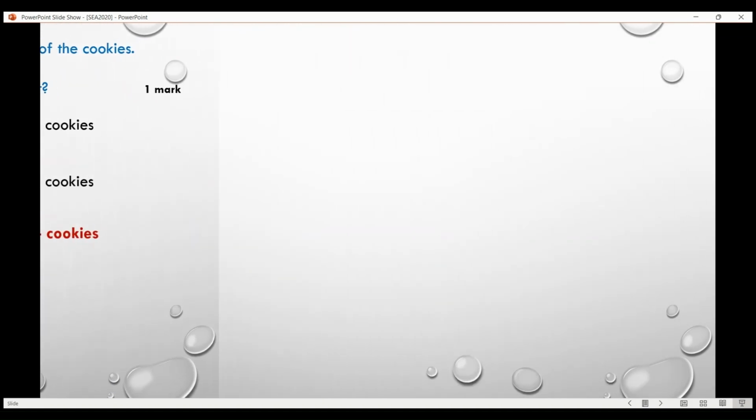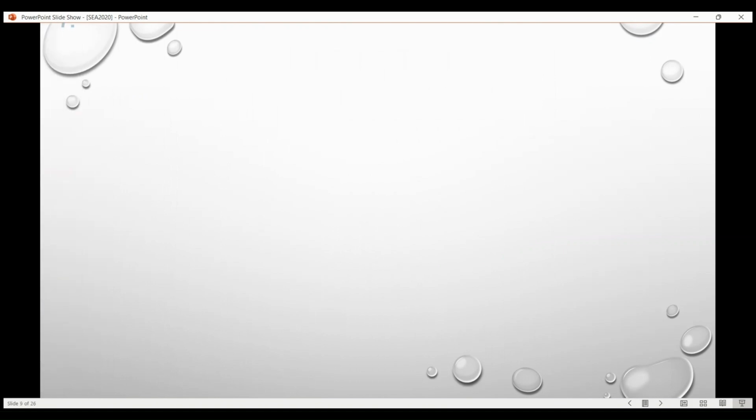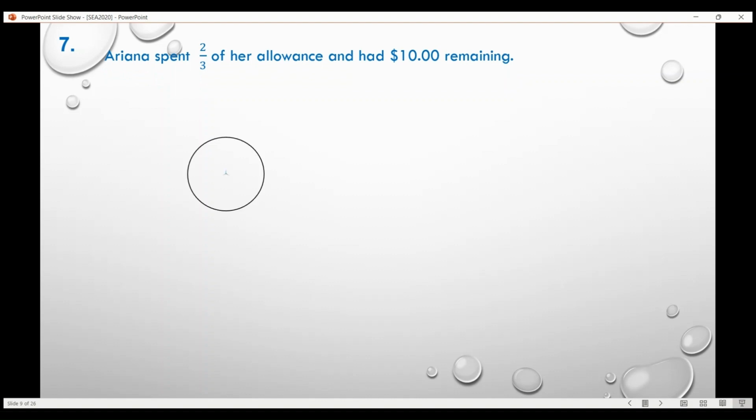Let's now go on to the next question, which is number 7. We're still on the number strand, or that part of the curriculum. Ariana spent 2/3 of her allowance and had $10 remaining. So we could bring up a diagram. Let's bring up a circle, and we want to split it into 3 parts because we are talking about thirds.